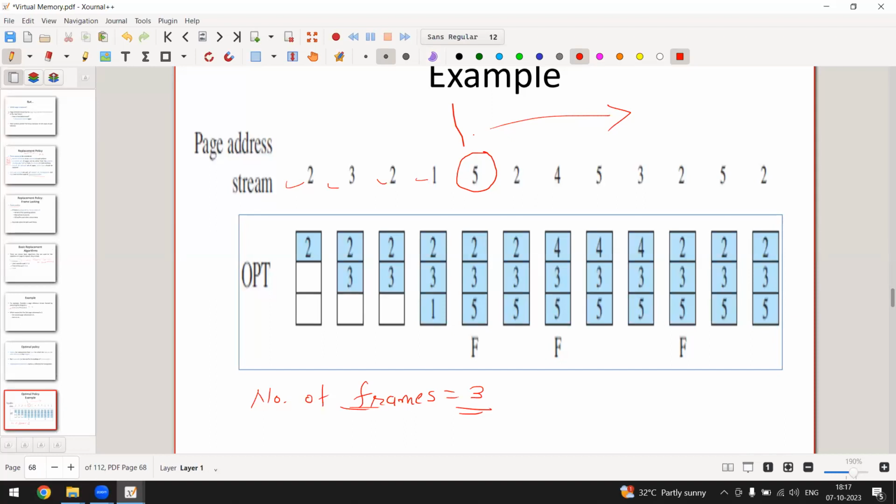So you have to select a page which is referenced very late in the future, or not referenced at all. Based on that, I select 1 and bring 5 here.